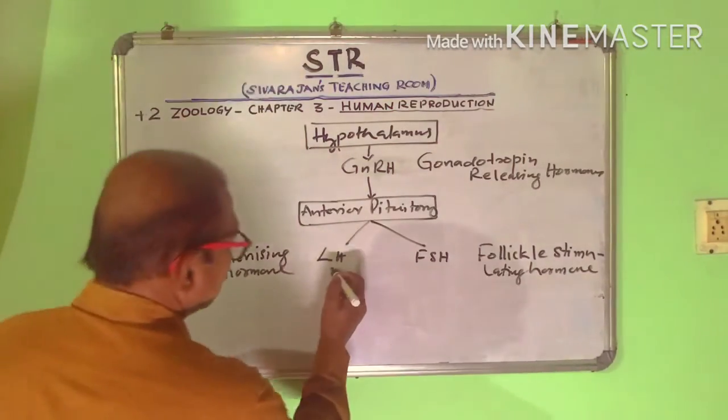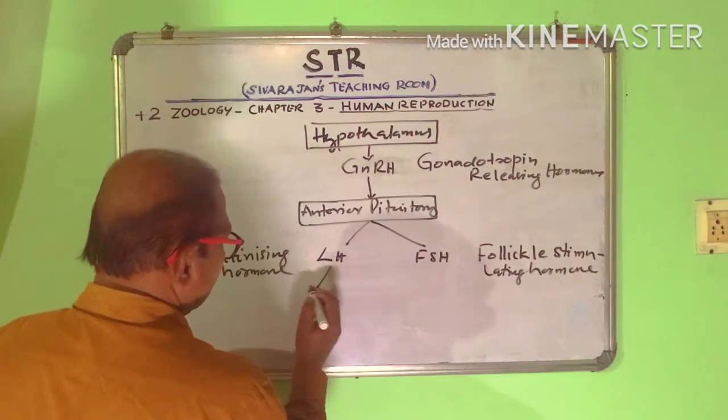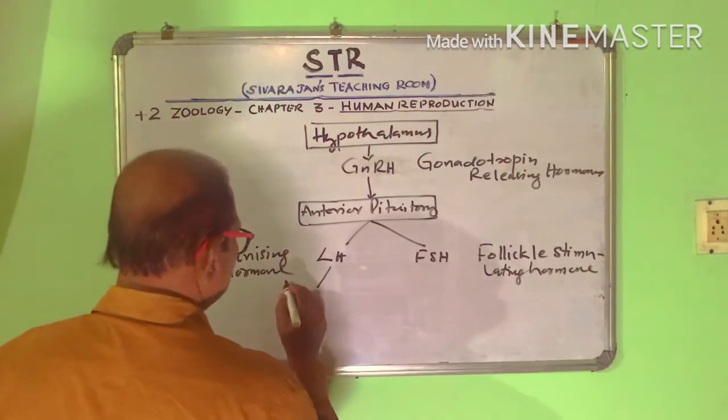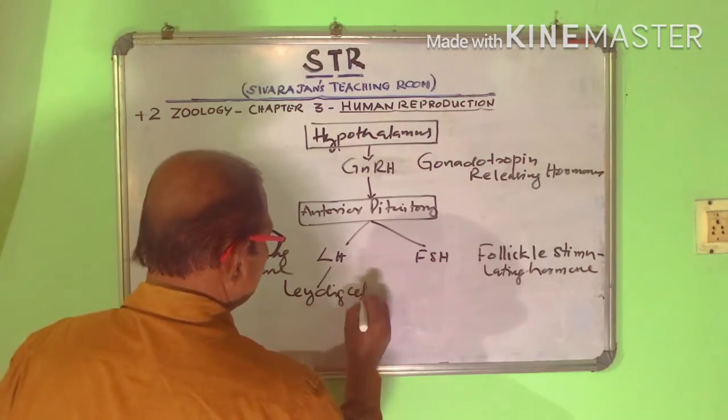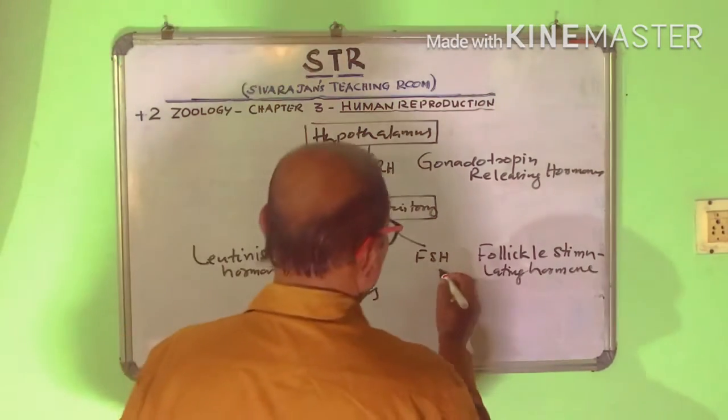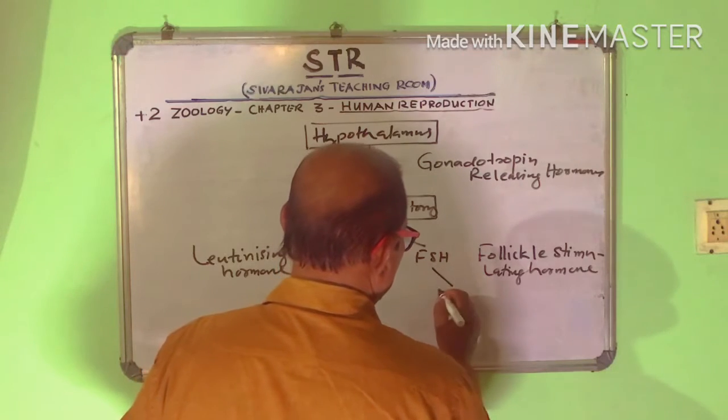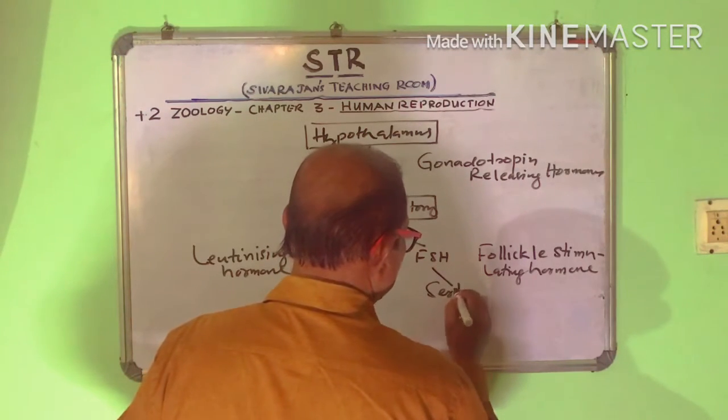LH works on Leydig cells, and FSH works on Sertoli cells.